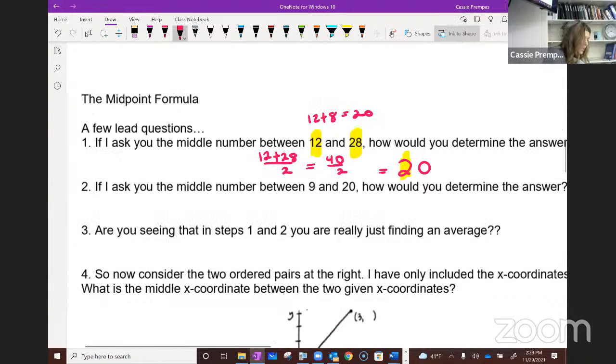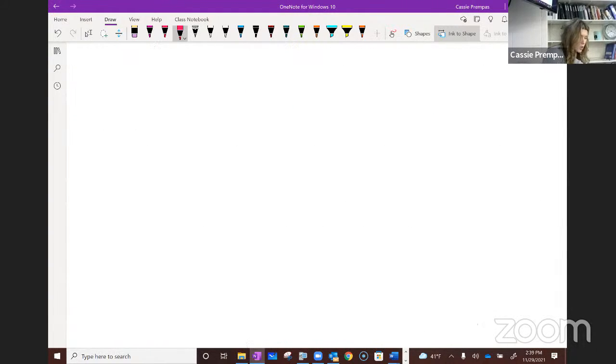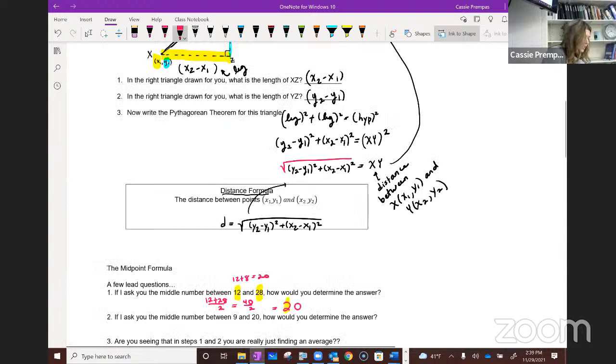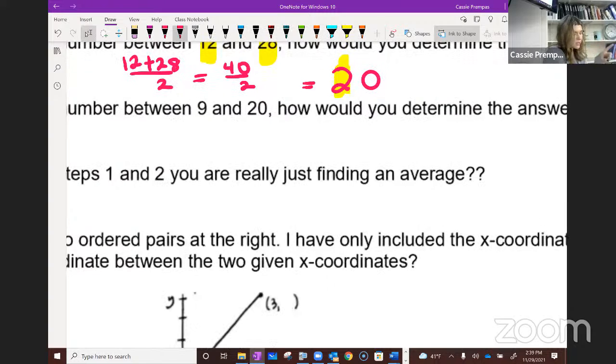Okay, what if I ask you the same question, but now I'm asking you to find the middle number between 9 and 20? You want to be able to use your method to find the middle number. I actually like Weston's way because if I tried to calculate the distance between these two, I would have to take into account a half of a unit. So I would just add 9 and 20 and then divide it by 2.